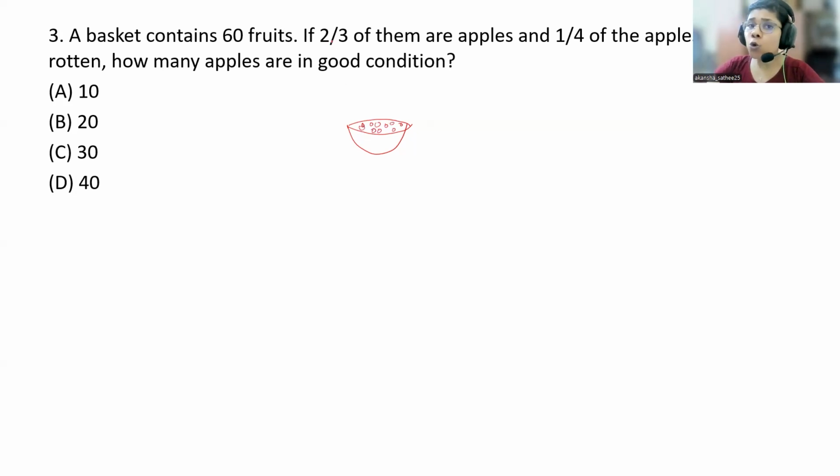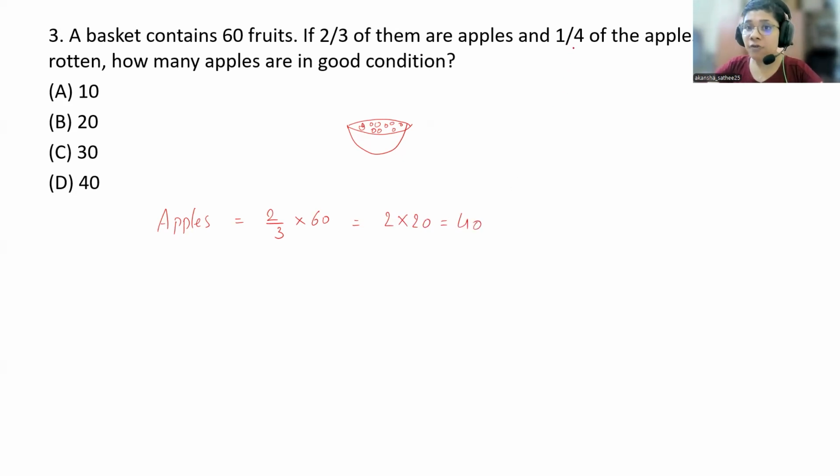If 2/3 of them are apples, that means apples is equal to 2 by 3 of 60, right? Because 60 is the total, and 2 by 3 of the total are apples. Now you just simplify it. 60 divided by 3 gives 20. So 2 into 20, that is 40. So in the basket, you have 40 apples.